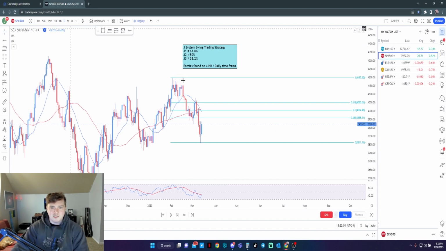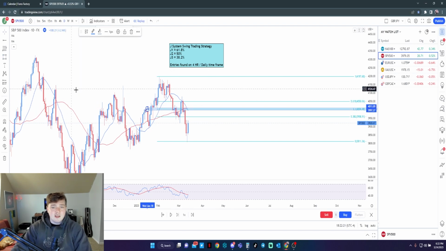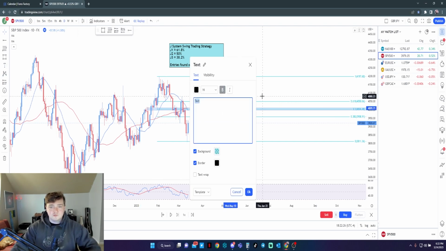Now, mind you, we are on the daily time frame, so this is an entire day of price movement, and this is an entire day of price movement. Price started to come back up. So what I did was I said, where do we have strong structure? So we had strong structure at the 50, which is a level 2 entry, or a J2 entry, I'm sorry.